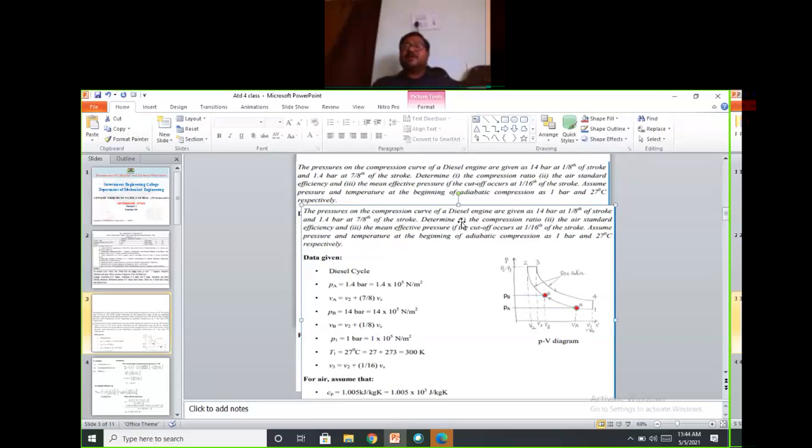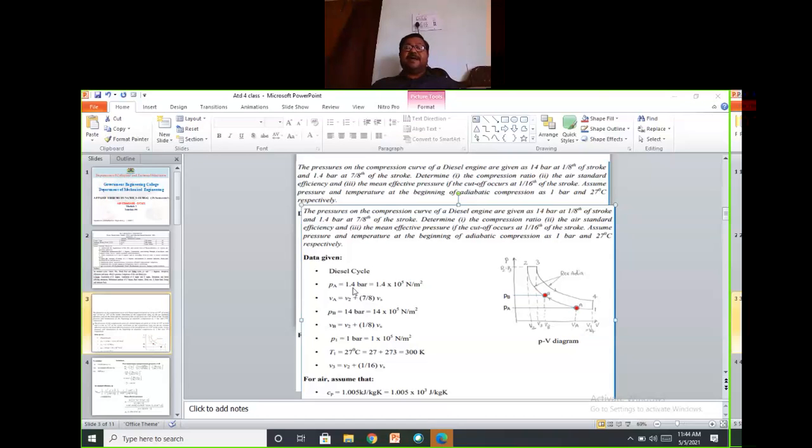Determine the compression ratio, air standard efficiency, and the mean effective pressure if the cutoff occurs at 1/16 of the stroke. Assume the pressure and temperature at the beginning of the adiabatic compression are 1.1 bar and 27 degrees respectively. Given data are like this.